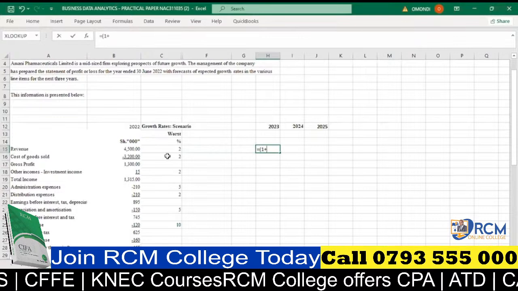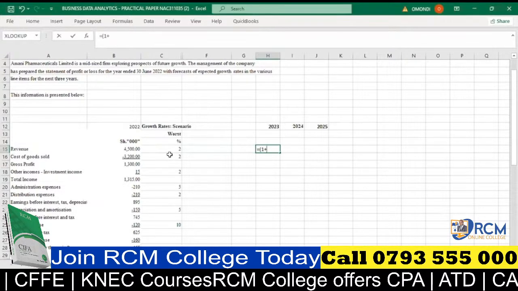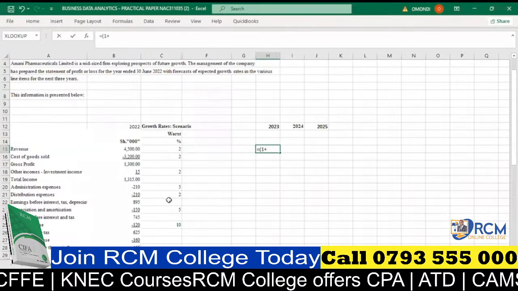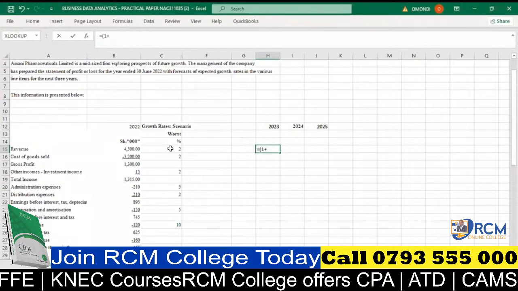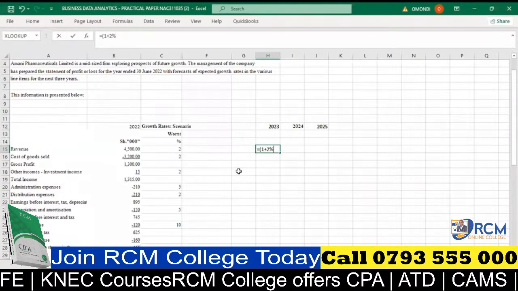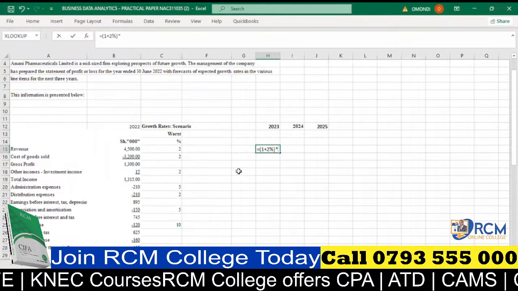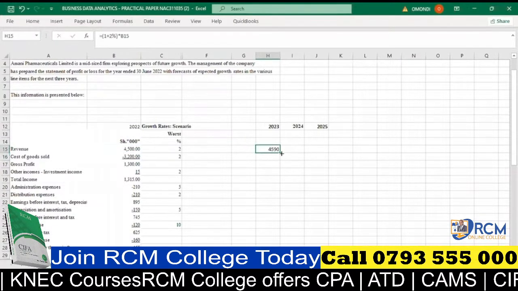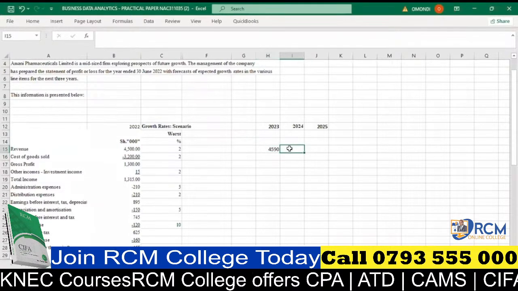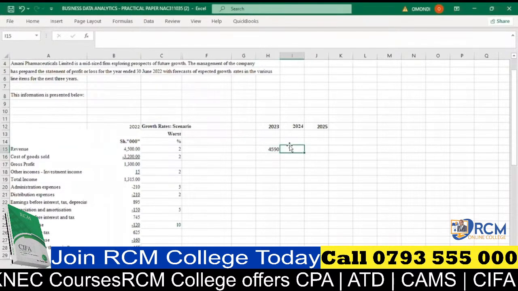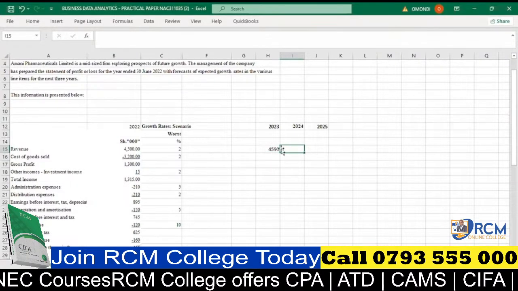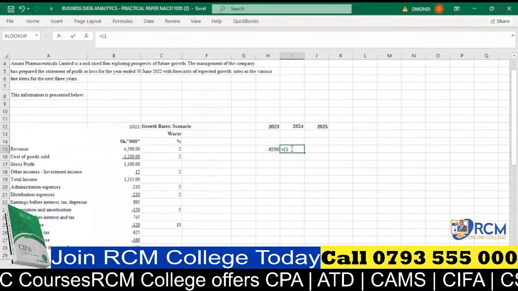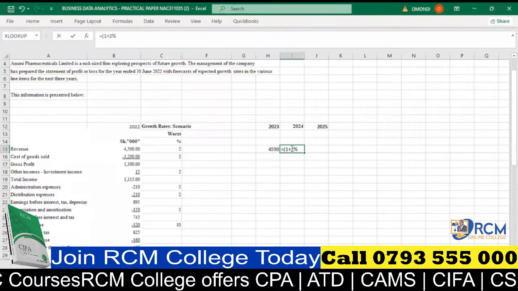So what do you do? You either type 2% directly or convert these ones here to 0.02. So I indicate that it's going to increase by 2%. And then I multiply that by the revenue of the previous year. Then my new revenue for 2024 will be equivalent to 1 plus the percentage growth rate.